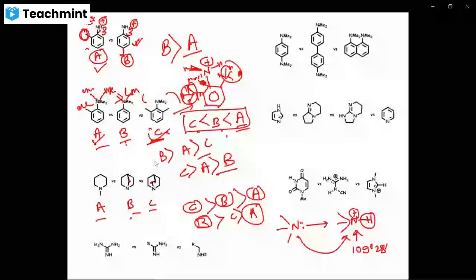So for the most rigid system, the change in bond angle will be the lowest, and for the most flexible system, the change in bond angle will be the highest. Because here the bond angle is not 109 degree at all, but when it goes to the conjugate acid form, it will achieve the tetrahedral bond angle. And that's why it resists taking a proton. Okay, you understand?